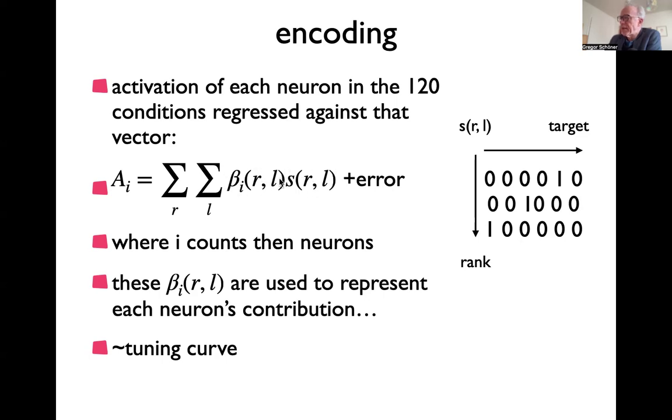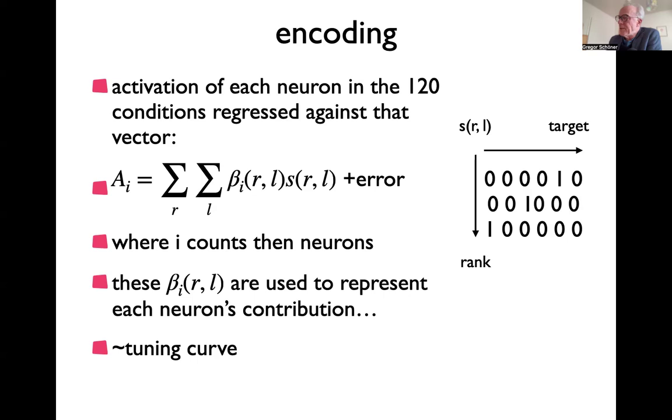So these betas are the regression coefficients specific for that neuron I, and that sum here over R and L, that together account for the neural activity recorded under these different conditions. So you could think of this beta as something like a tuning curve in a way, in this space here, representing this kind of space. And there's some technical things, like normalization and so on, but I'm glossing over all of that.